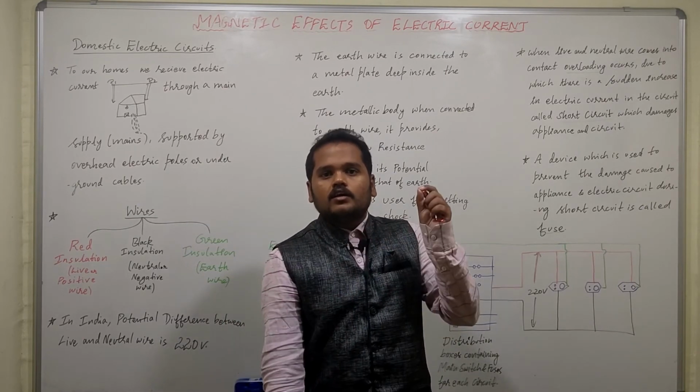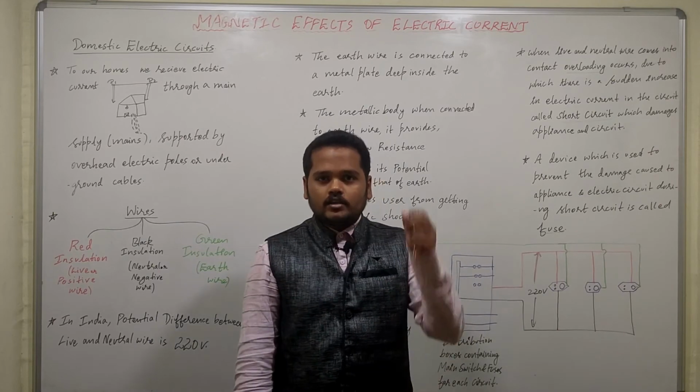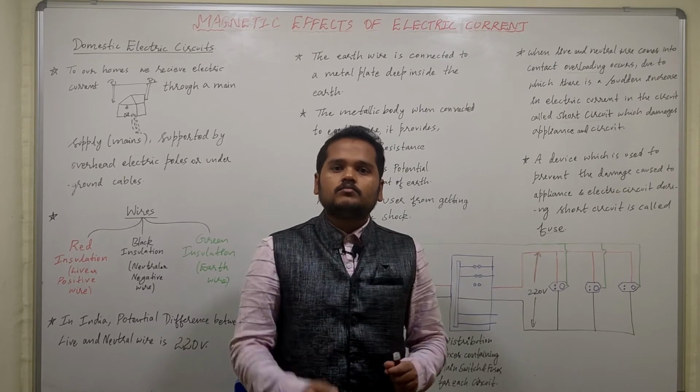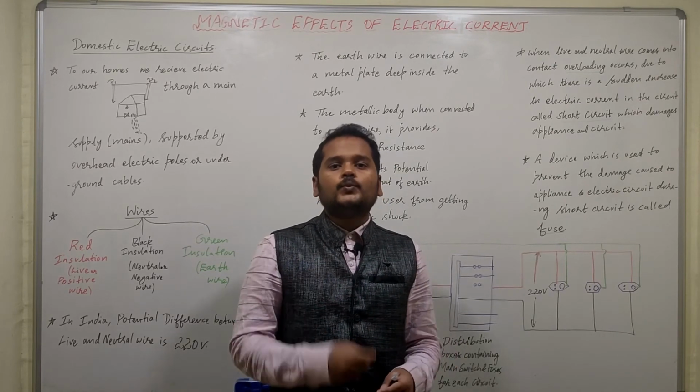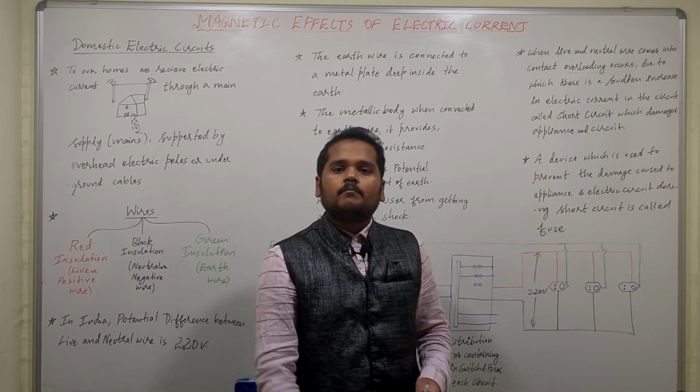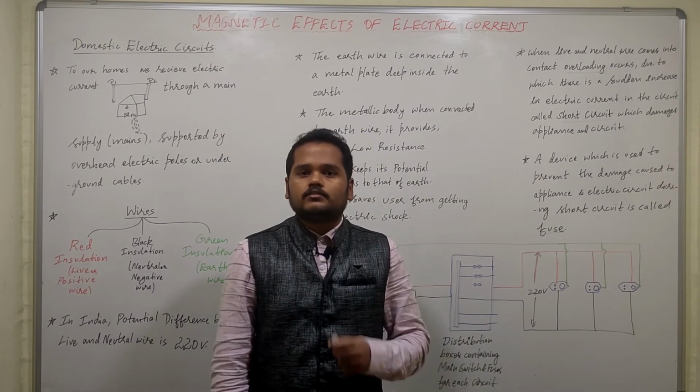So the earth wire is connected to two things. One, the metallic body of your refrigerators, systems or any devices, and two, the metallic plate which is kept buried deep inside the earth.